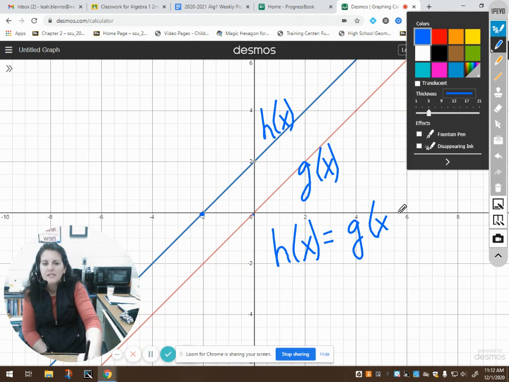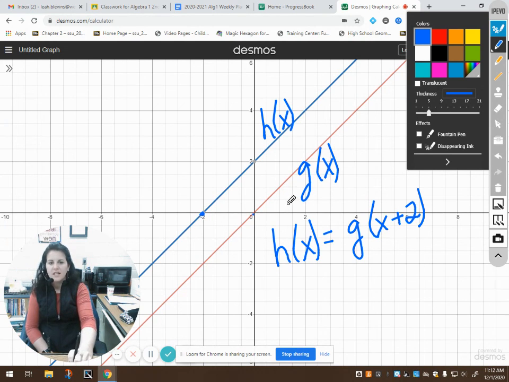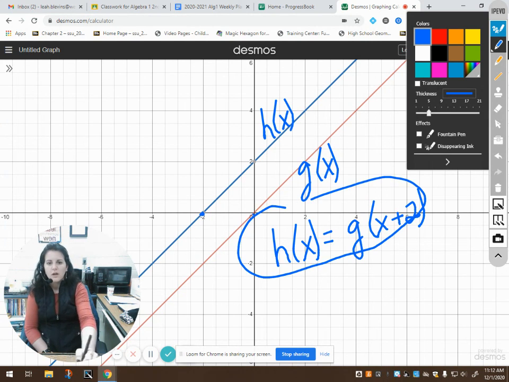So x minus a negative 2 is the same as x plus 2. So either one of these translations, adding 2 outside of parentheses or subtracting a negative 2 inside of parentheses, will give you the translated figure. So this could be your answer for the shift that took place to get from g of x to h of x.